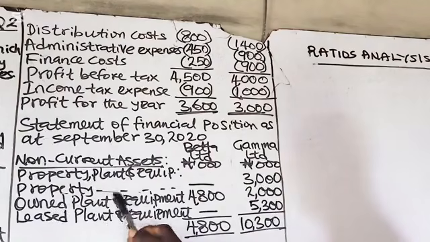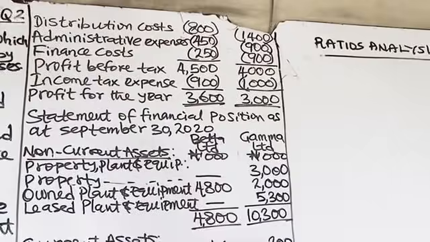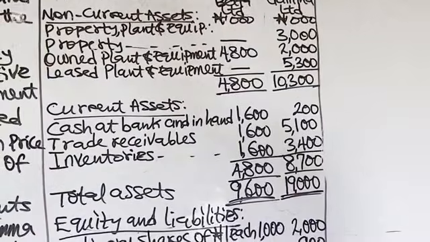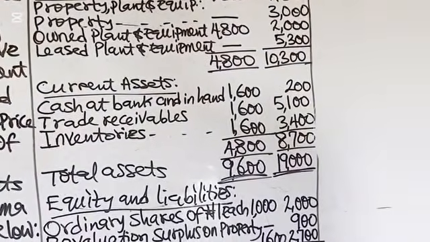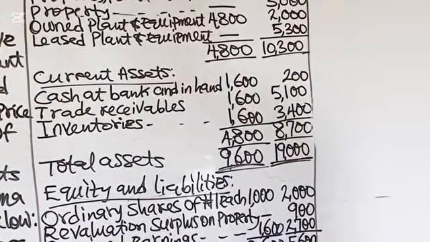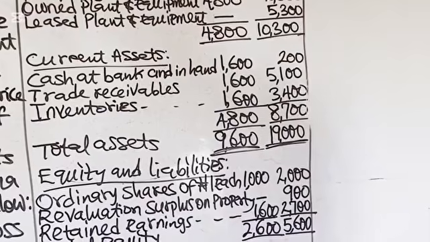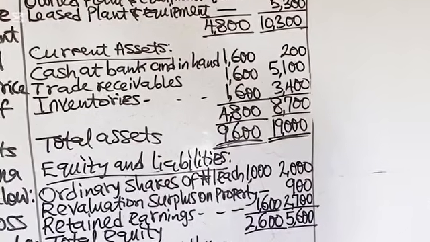Owned plant and equipment, Beta 4.8 million, Gamma 2 million. Then leased plant and equipment, Beta Limited nil, Gamma Limited 5.3 million. The total non-current assets are 4.8 million and 10.3 million for Beta Limited and Gamma Limited respectively.